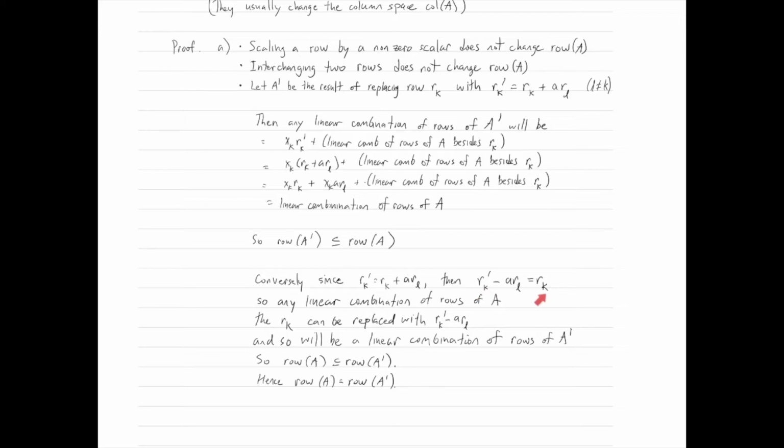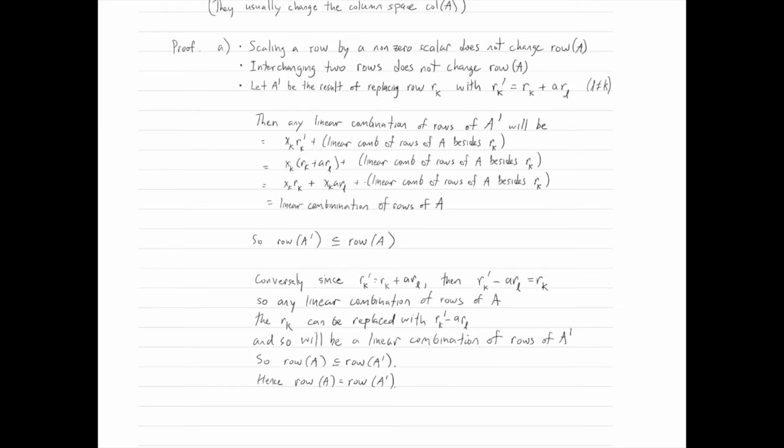In other words, row k, our original row in our original matrix A, is equal to our new row k minus some number times a row l. So in any linear combination of rows of A, if an Rk appears, it can be replaced with Rk prime minus a Rl.